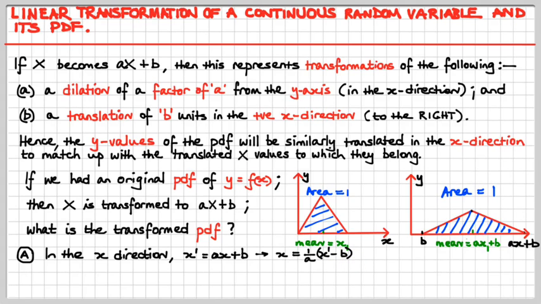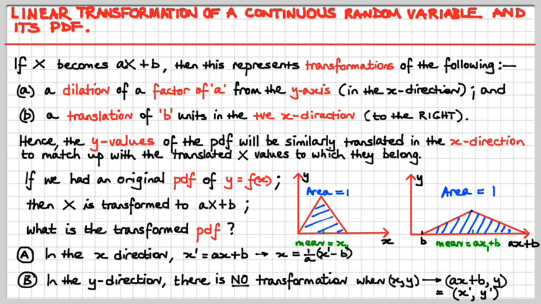This is re-expressing the original value of x in terms of the transformed value, which you'll see why I want to do in a moment, alright? Now, in terms of the y direction, there's no y transformation in and of itself, because all we did was move the x over here in terms of the ax plus b transformation, but we were not called on to do a y transformation as such, were we?